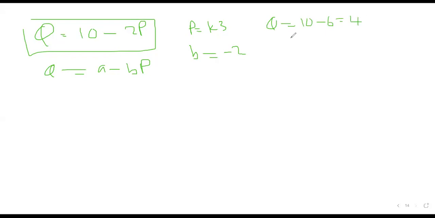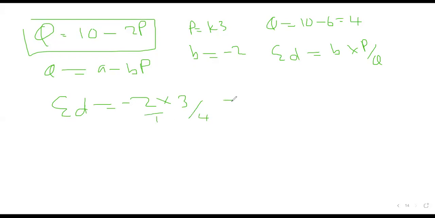So our Q is 4. Elasticity of demand using the direct demand function will be B times price over quantity. Our slope is -2, our price is 3, and our quantity is 4. So here we have -6 over 4, which is -1.5.